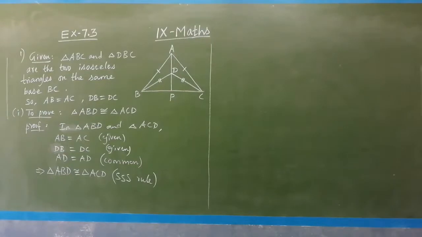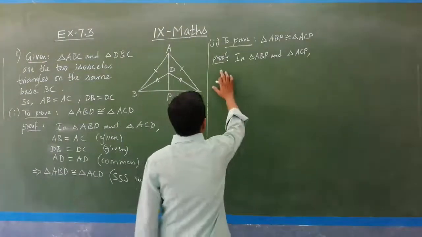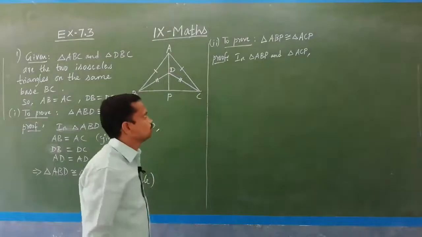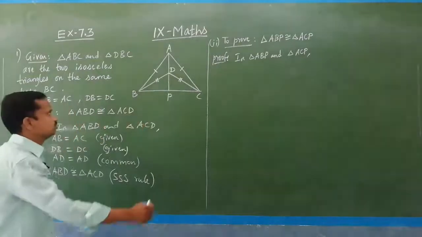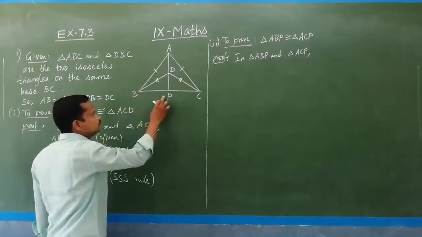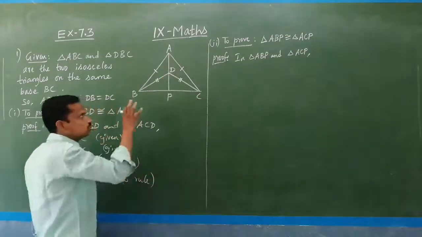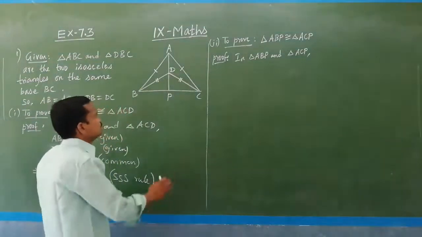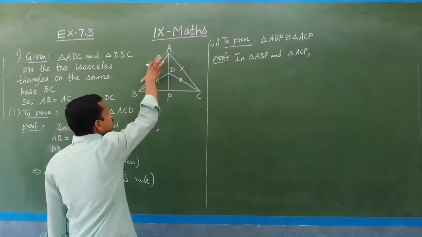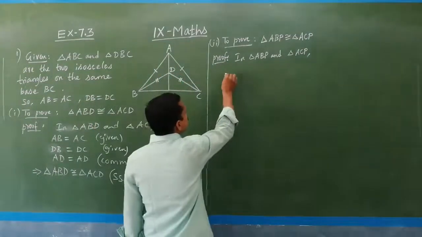And now option 2, to prove triangle ABP congruent to triangle ACP. Look at the figure: ABP is one triangle and the other you have to take is ACP. Clear? You have to observe what triangle we are writing there. In this triangle we take AB and in this triangle we take AC.